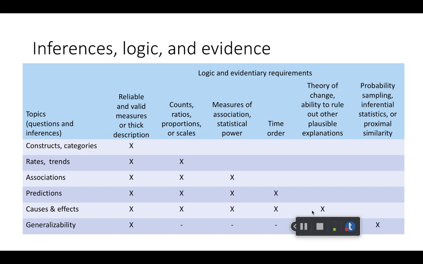A cause and effect relationship needs to demonstrate association, and I will need the statistical power, which we'll talk about later, to find that association. I will need evidence of time order. The cause has to come before the effect. And I will need evidence that there's a logic, a theory of change, and that I can rule out other plausible explanations. Okay, so all of those things are required for causal inference, one of the most difficult kinds of inference to make.